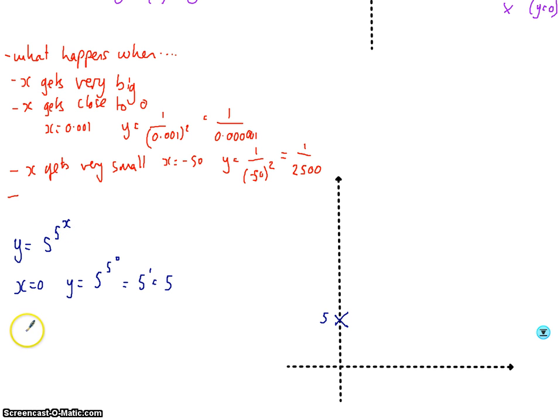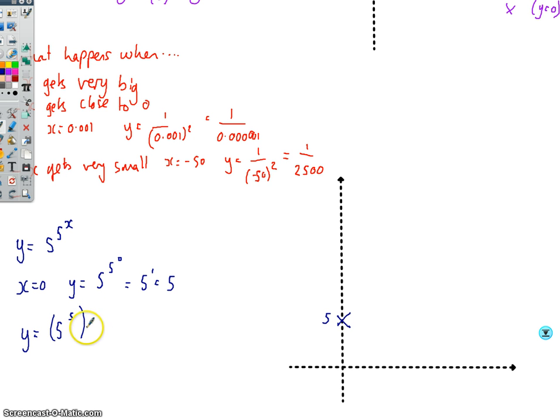If we write this a slightly different way, y equals, if we look at doing this bit first, 5 to the 5, all to the power of x, which is 125 to the power of x, and you know the shape of that graph, right?